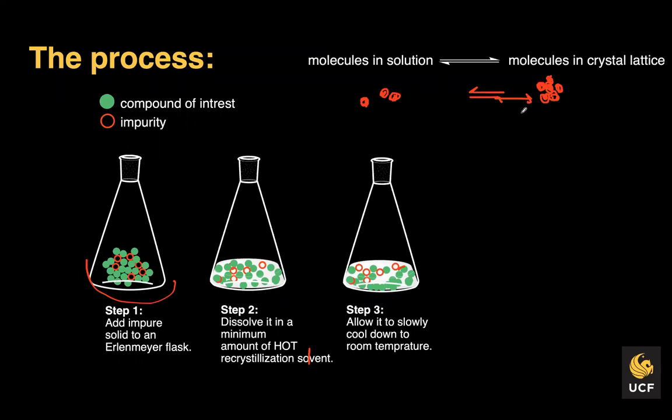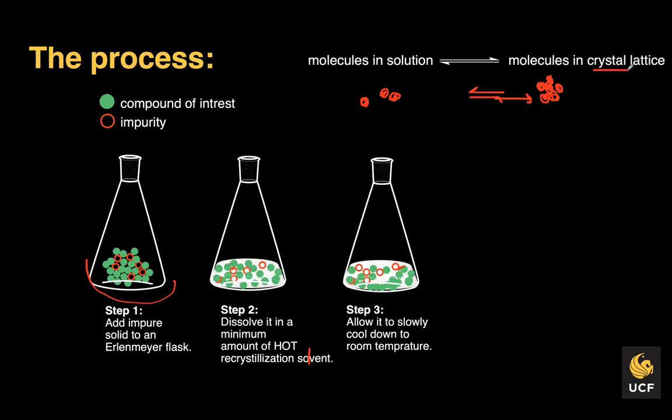Allowing it to cool slowly is very important when it comes to excluding impurities, right? And remember, a crystal structure is a highly ordered structure, so it will tend to want to exclude impurity.